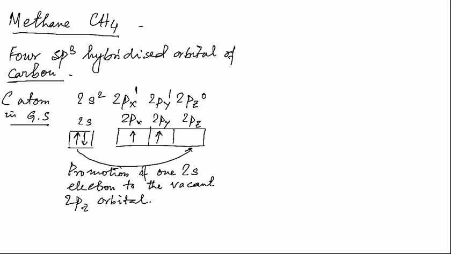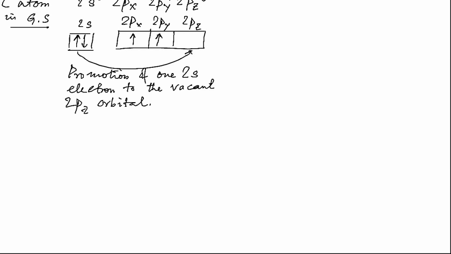So once it is promoted to the vacant 2pz orbital, the carbon atom is in its excited state. In its excited state, the 2s orbital of the carbon and the 3 2p orbitals of the carbon mix up, or they hybridize among themselves.